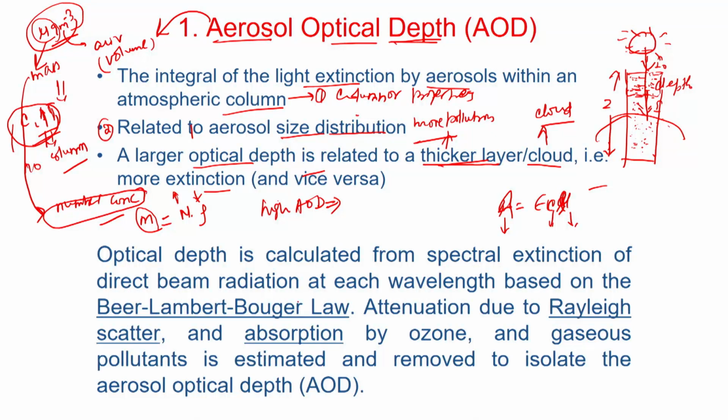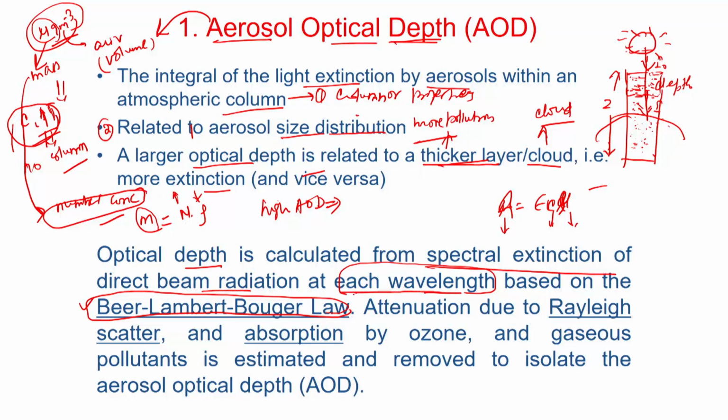Optical depth is calculated from the spectral extinction of direct beam radiation at each wavelength, based on the Beer-Lambert-Bouguer law. You remember this law, we have been discussing it.